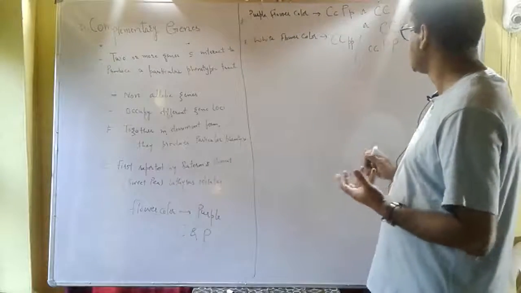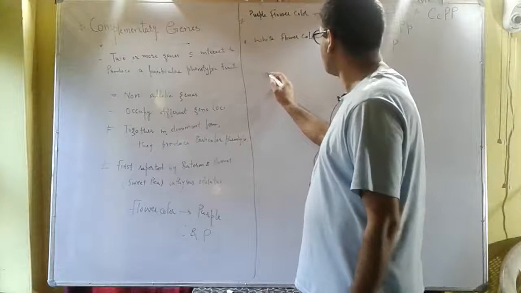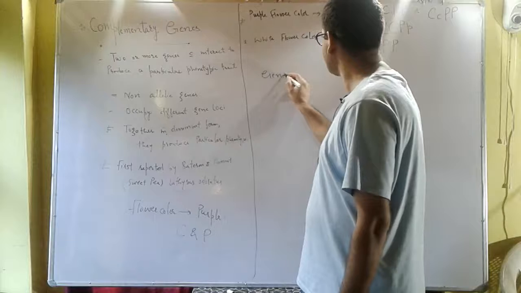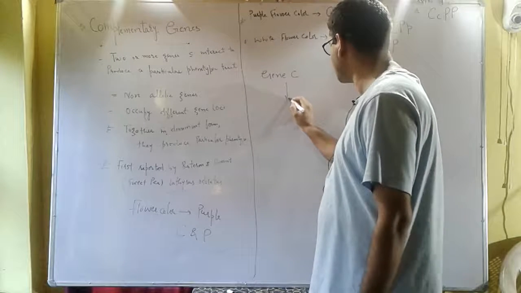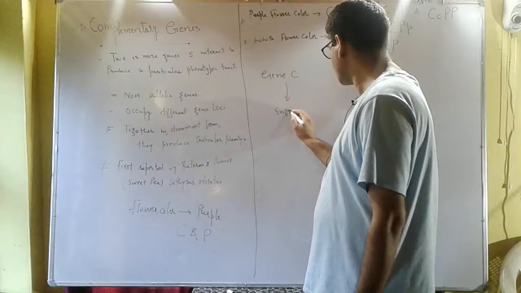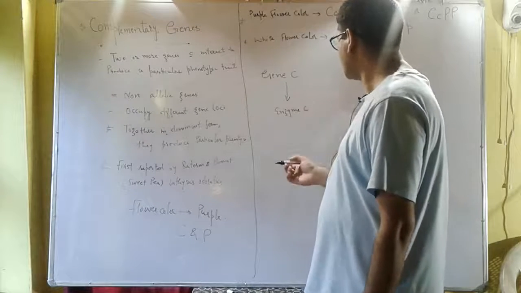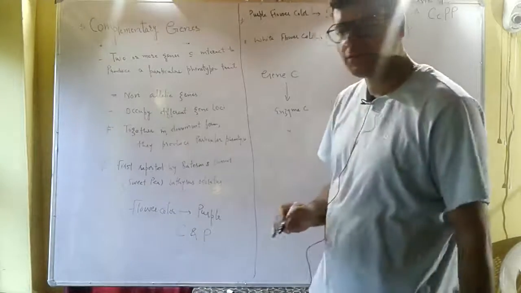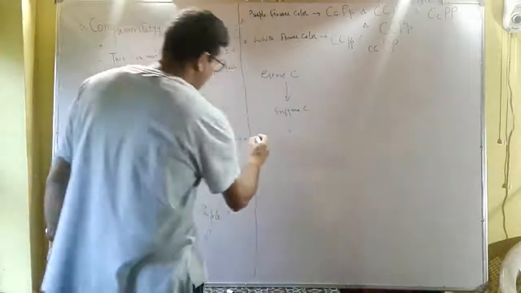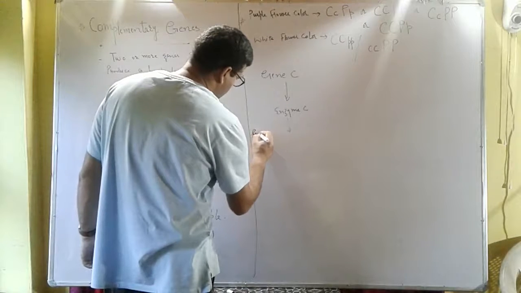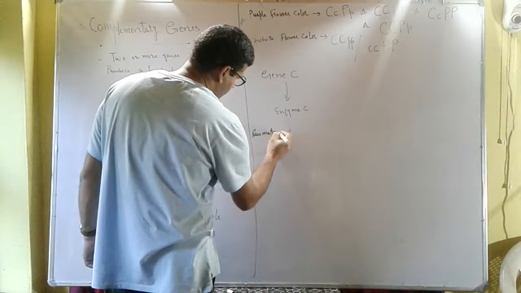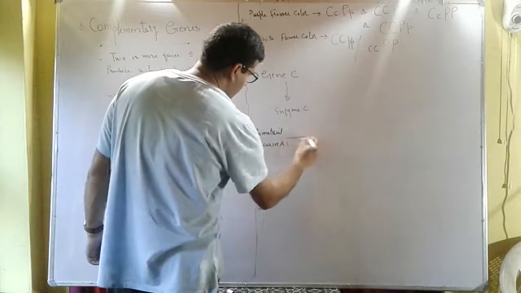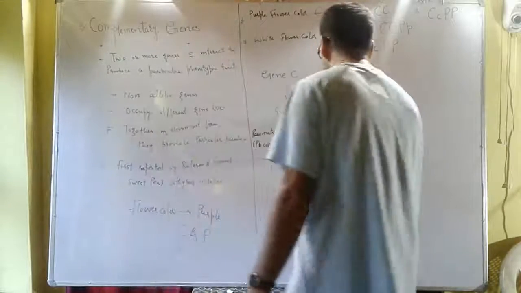It has been found that gene C synthesizes an enzyme C, and this enzyme converts the raw material, called precursor A, into chromogen.